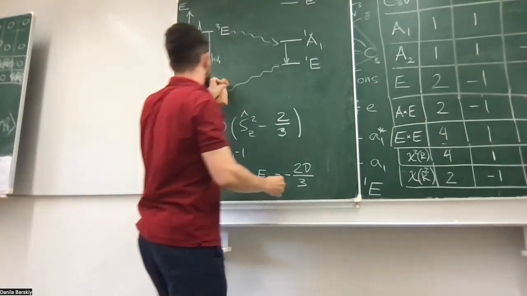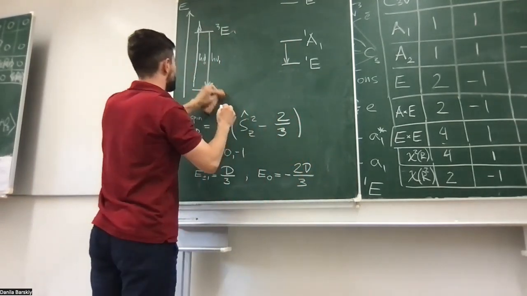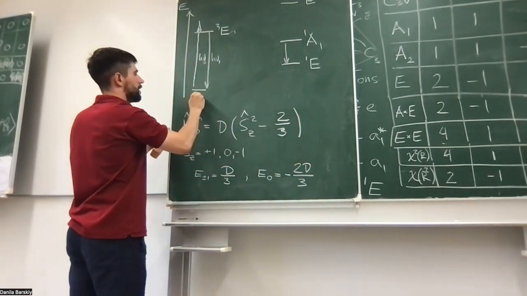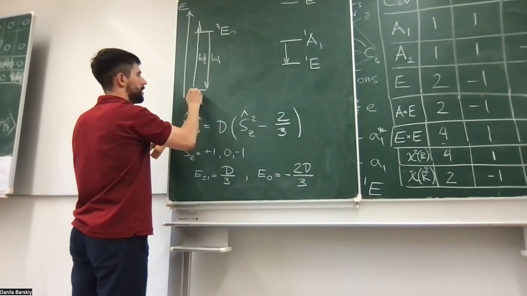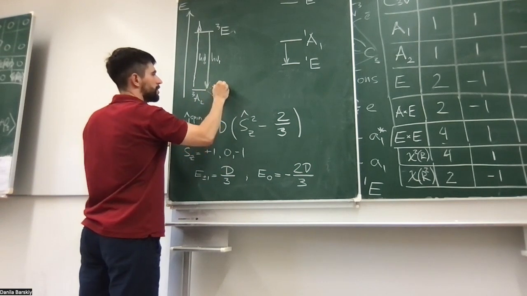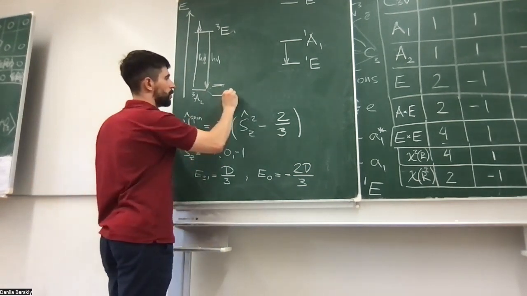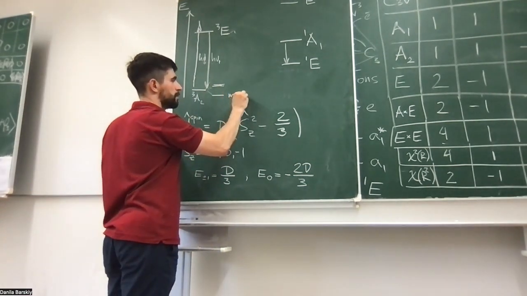So that means what I'm trying to say is that in reality, even this state, the 2, 3, is actually split into 2 levels and 1 level, corresponding to different projections of electron spin. So we call it ms equal to 0.